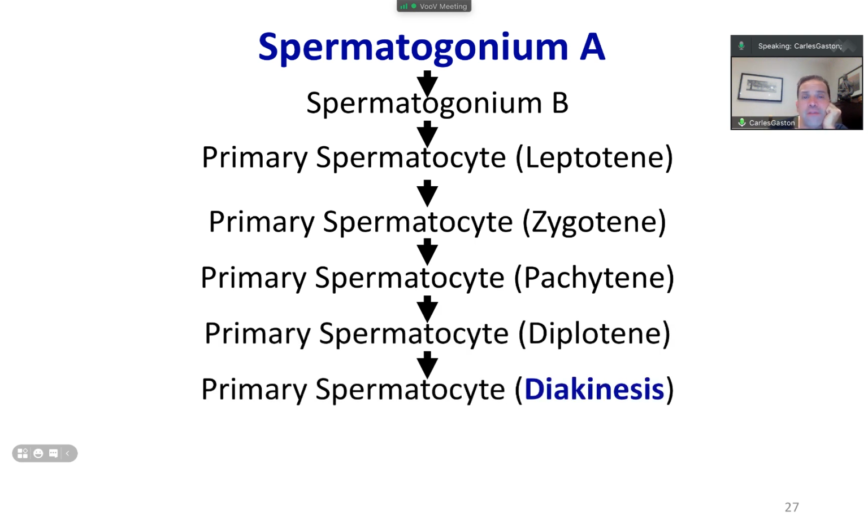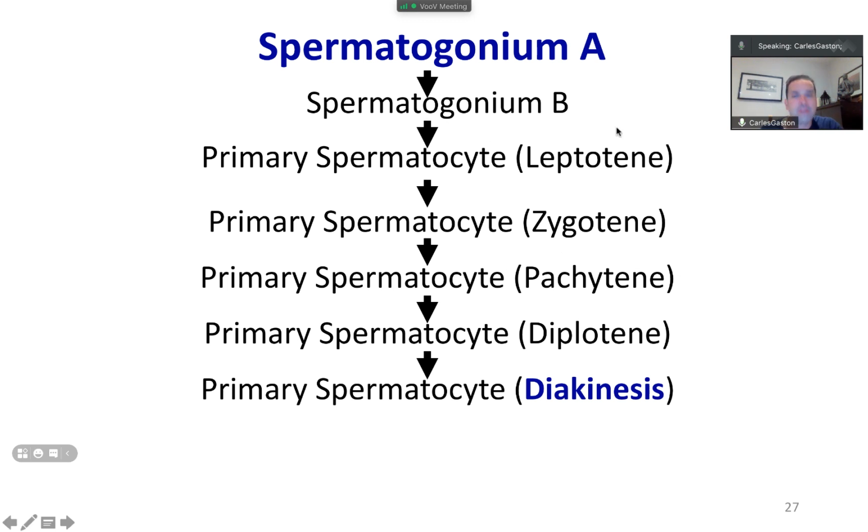So we start from a spermatogonium, and then there are different types of cell divisions, which I think you have studied in cell biology, where you start from a diploid cell and you end up with a haploid cell.